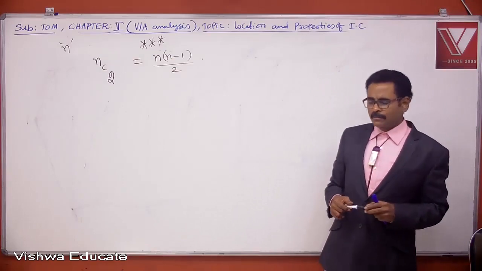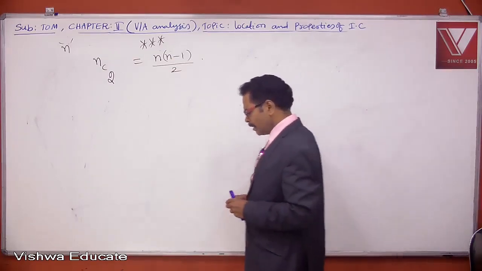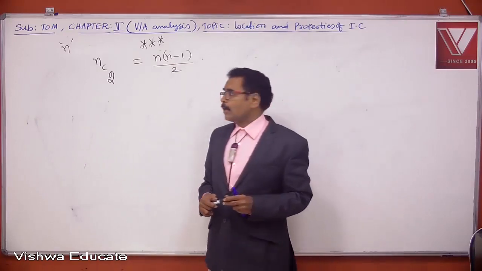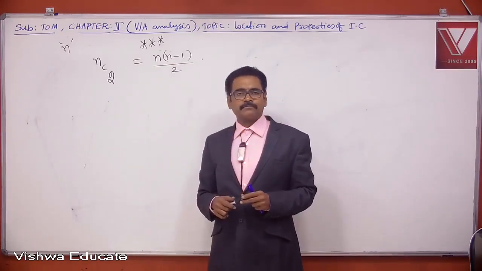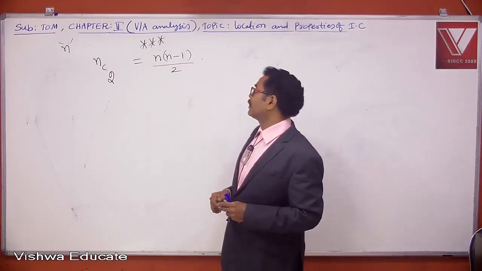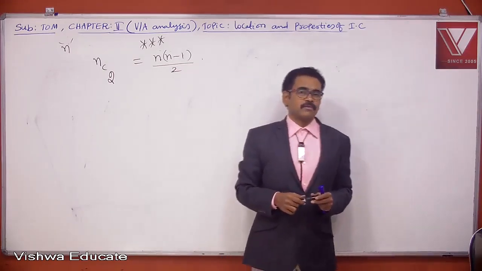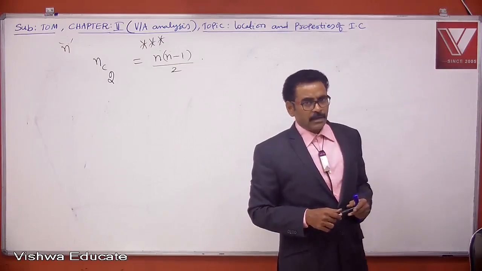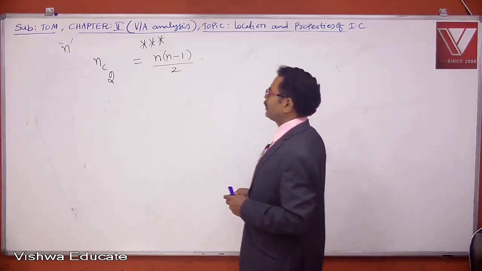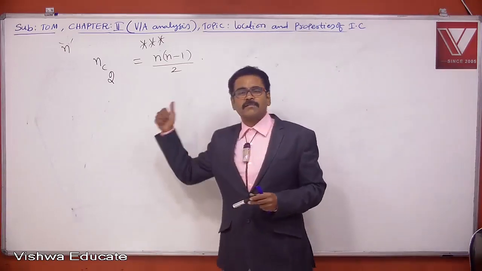Number of instantaneous centers in a mechanism having n number of links is equal to n into n minus 1 by 2. This is a very important formula.